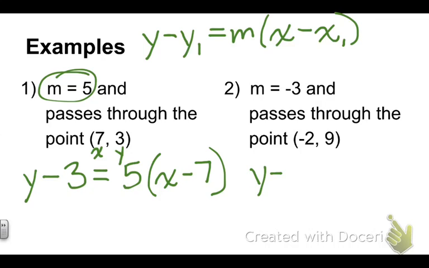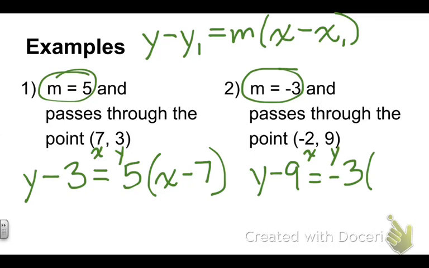Y minus, which one is your y1? That would be 9, is equal to slope, negative 3, times x minus, now for x we've got a negative 2.